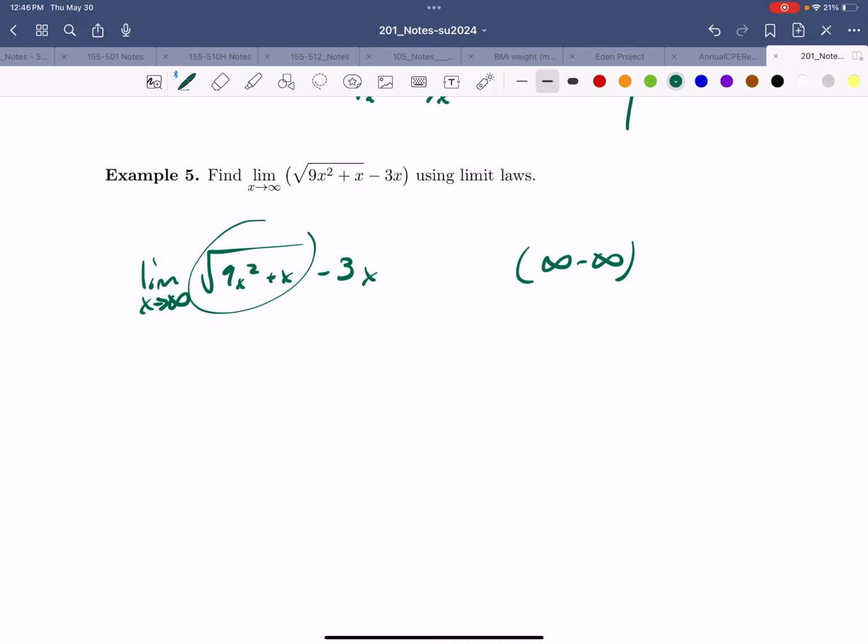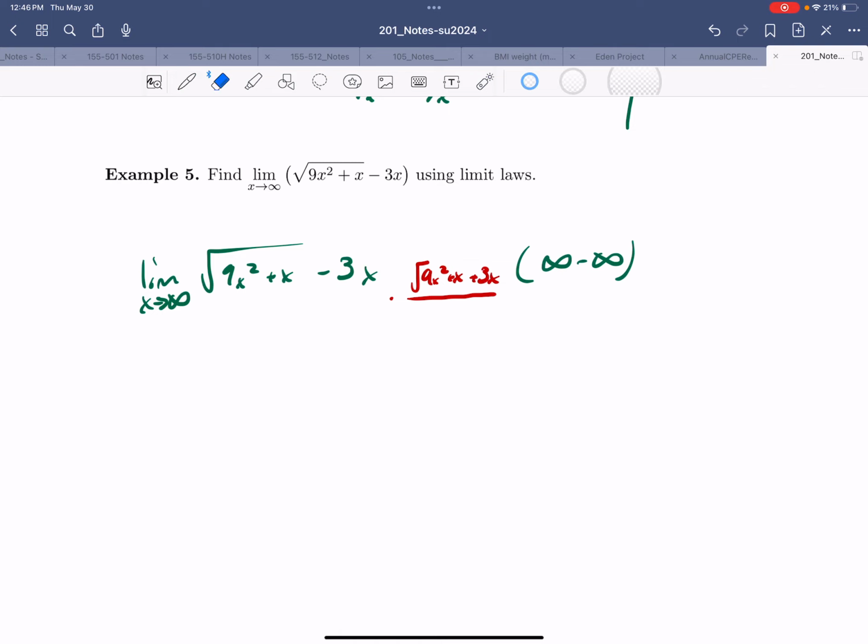Where this gets big. And so what happens there? Well, it's another indeterminate form, and maybe we remember from last time what we do. Right, we have a radical, an indeterminate form, we're adding or subtracting something, so let's multiply by the conjugate.